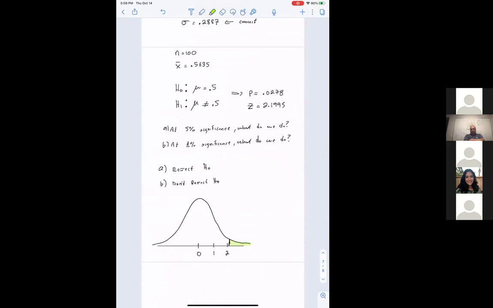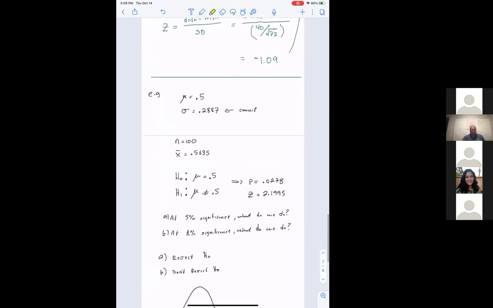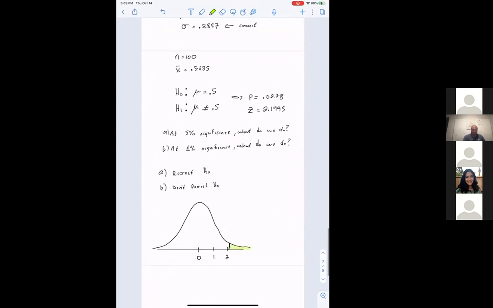So the answer is because this is not a greater than test. This is a not equal to test. Right? Not equal to. That means there's two ways that I would conclude that the mean is not really 0.5.